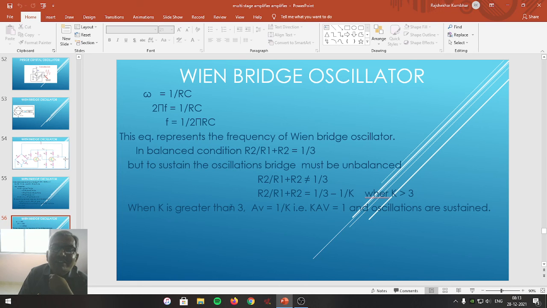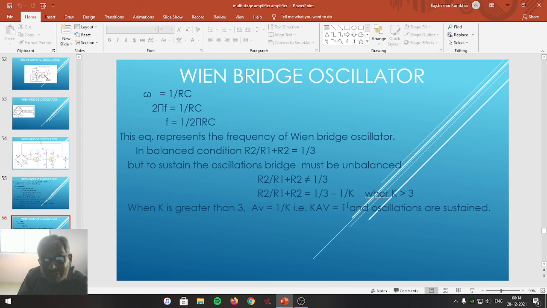When k is greater than 3, AV is equal to 1 upon k. Voltage gain is equal to 1 upon k. This means k into AV is equal to 1. And k into AV is equal to 1 is the second Barkhausen criteria condition.